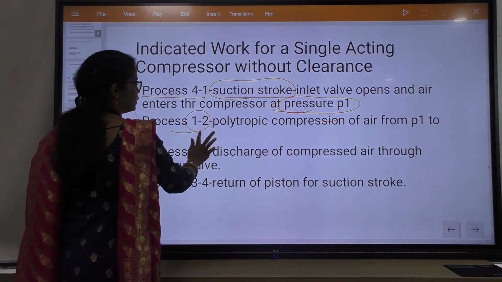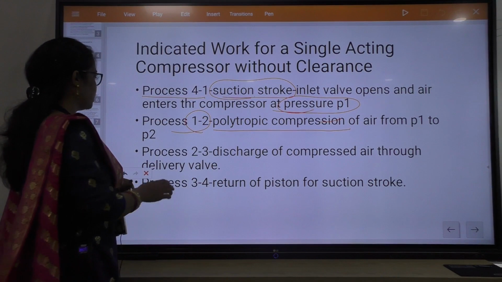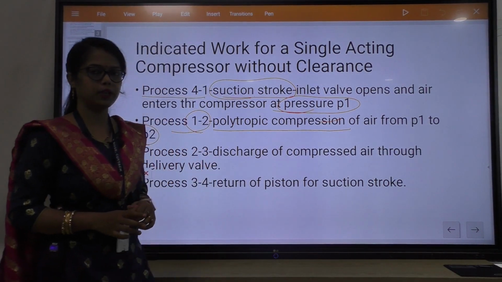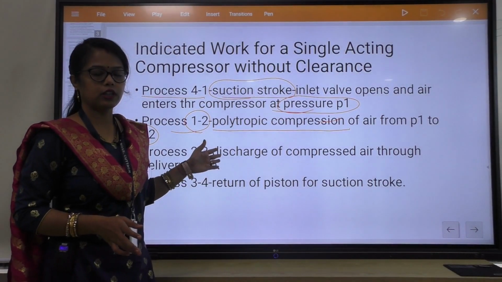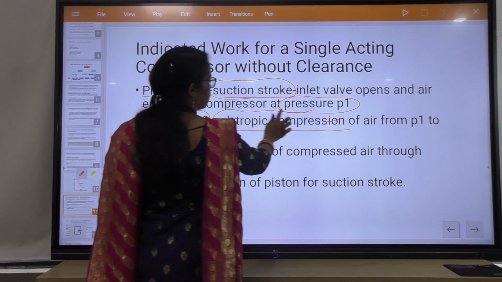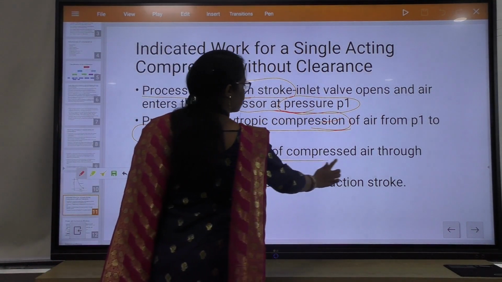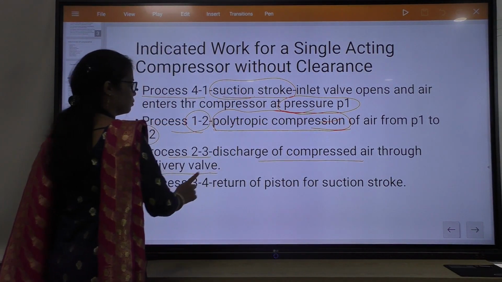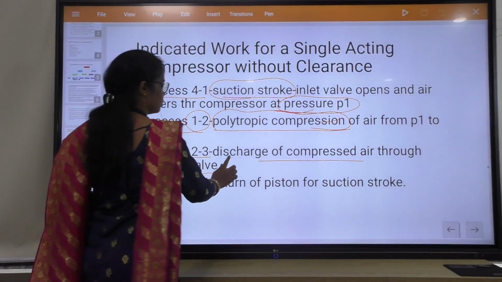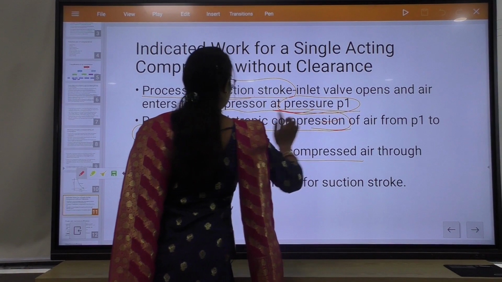Then process 1 to 2 is the polytropic compression of air from P1 to P2. Sorry, I mentioned isentropic, but it is polytropic compression of air from P1 to P2. Then process 2 to 3 is the discharge of compressed air through the delivery valve, and that happens at pressure P2.